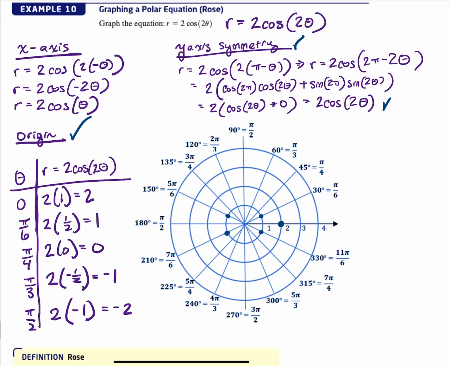Then pi over 4, 0. So we end up with a point at the center. Then pi over 3, -1. So pi over 3 and then a -1 will place it down here.